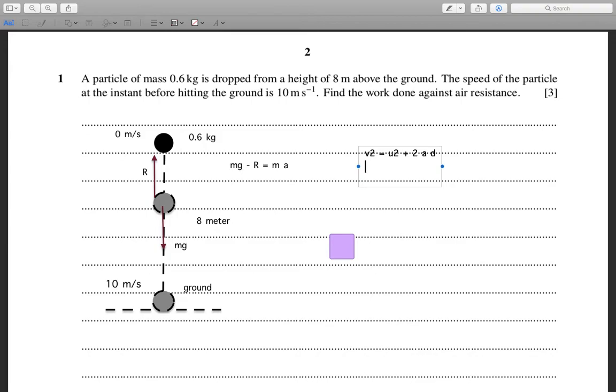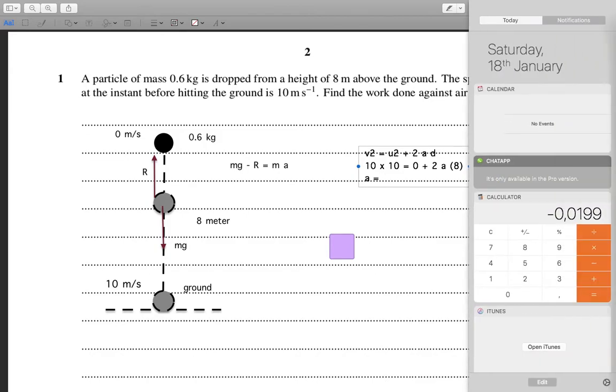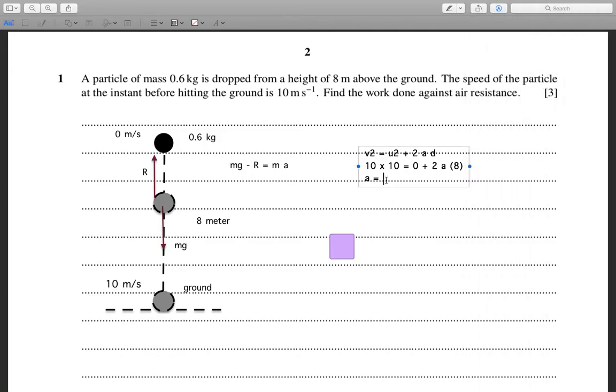We have 10 squared, which is 100, equals 0 plus 2a times d, where d is 8 meters. So the acceleration is 100 divided by 16, which is 6.25 meters per second squared.